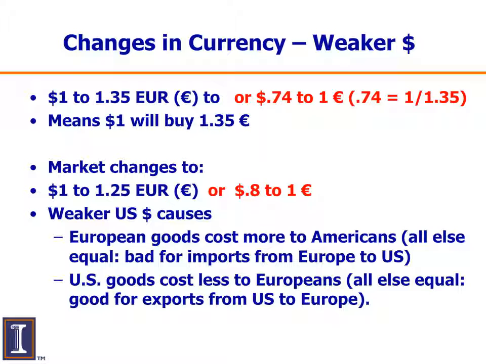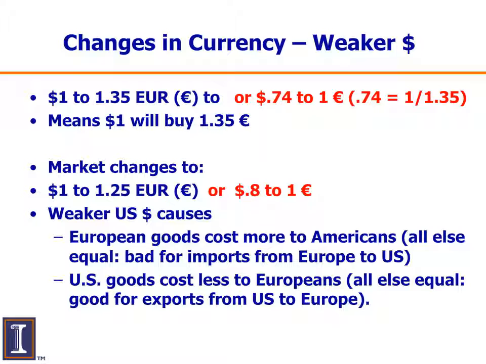Here in my example, we start out with $1 to 1.35 euro, so that would be stated USD to euro. $1 equals 1.35 euro. You can state that equivalently as $0.74 to 1 euro, and the 0.74 would be 1 divided by 1.35. All of these are reciprocals of this. In any case, what this means is $1 will buy 1.35 euros.